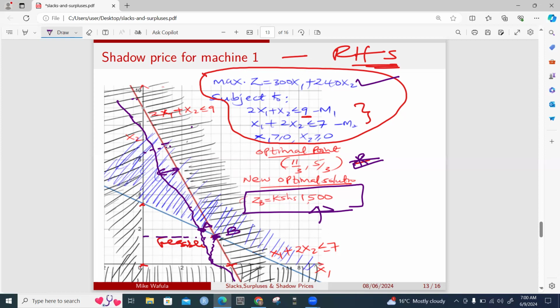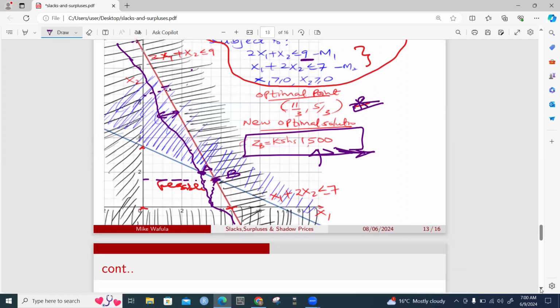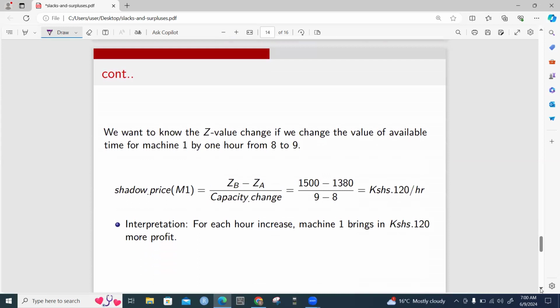So sensitivity analysis has caused the optimal solution to increase. And this has increased by altering the right-hand side of the constraint for machine 1 by 1 unit. So how do I then calculate the shadow price? We have defined shadow price as simply the change in the optimal solution. So the shadow price would now be given by the new optimal solution minus the original optimal solution before sensitivity analysis, divided by the change in the right-hand side of the constraint for which we are determining the shadow price.